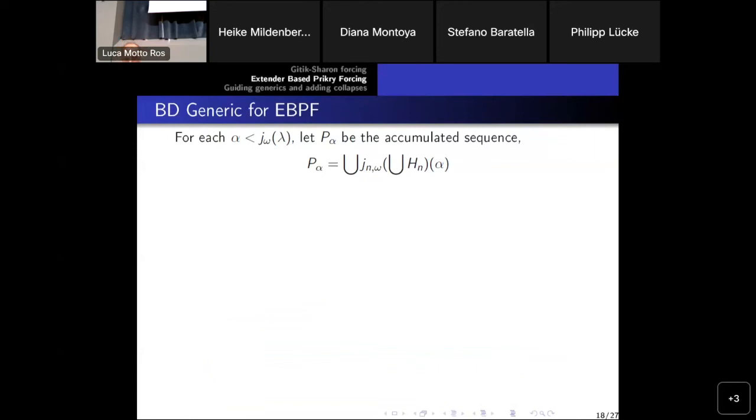Great. So what is going to be our generic? What is going to be our P_alpha? We're just going to look at what is going to be accumulated in the coordinate alpha when we study the H_n all the way through to M_omega.